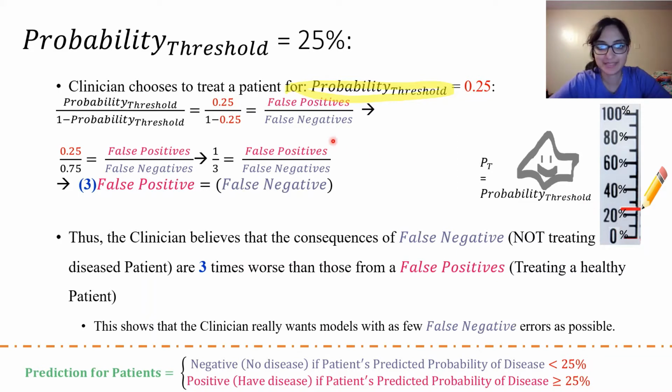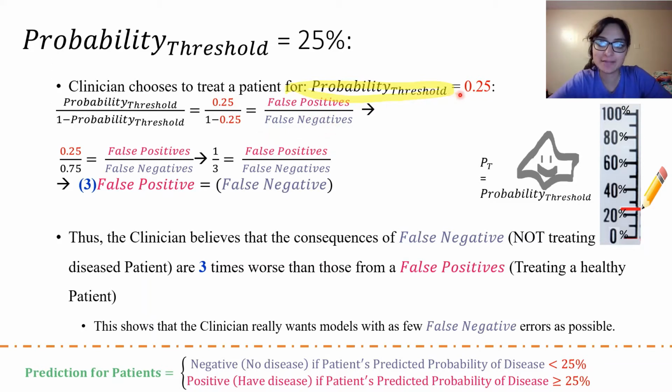So based on this weighting, probability threshold over 1 minus probability threshold, PT over 1 minus PT, it's 0.25 over 1 minus 0.25. From the equation I showed you, this is the same as false positives over false negatives. That's how you can interpret it.